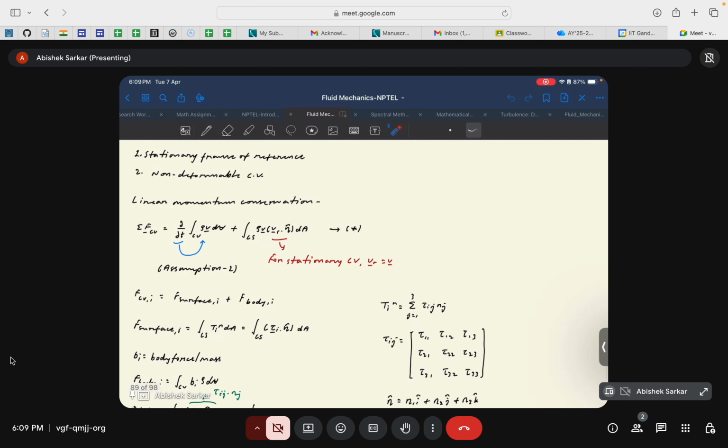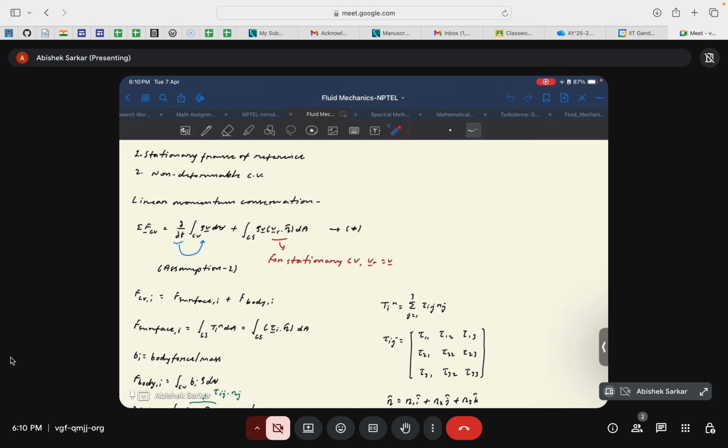By now you already know that the implications of these two assumptions are straightforward. First, if the control volume is stationary, then the relative velocity term in the momentum flux term becomes equal to the absolute velocity of the fluid. So that's the first implication for a stationary control volume.